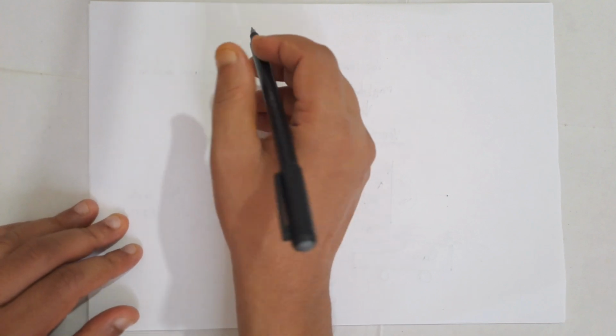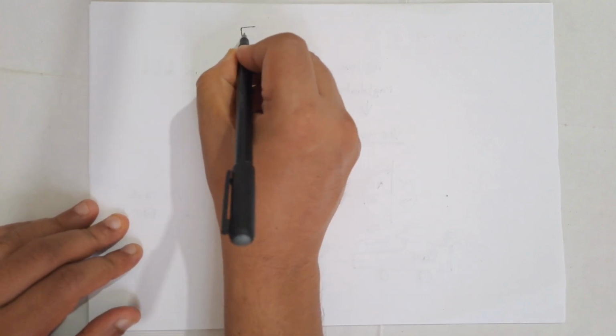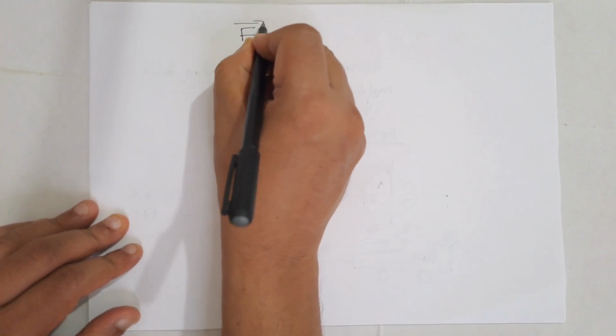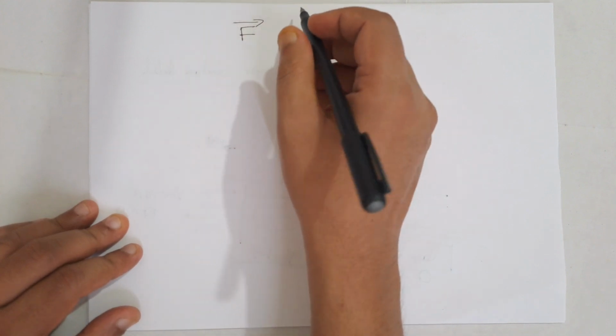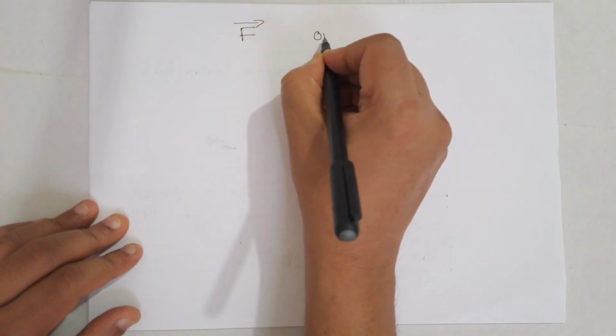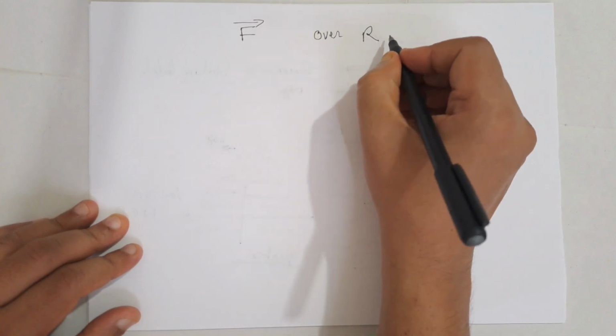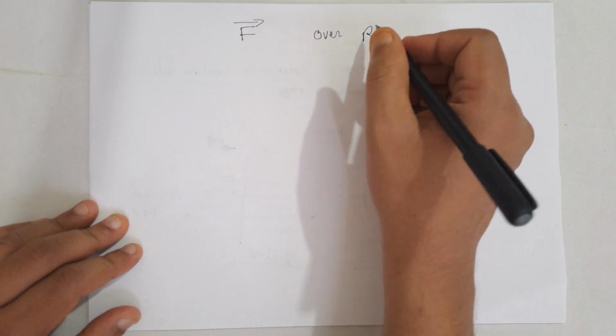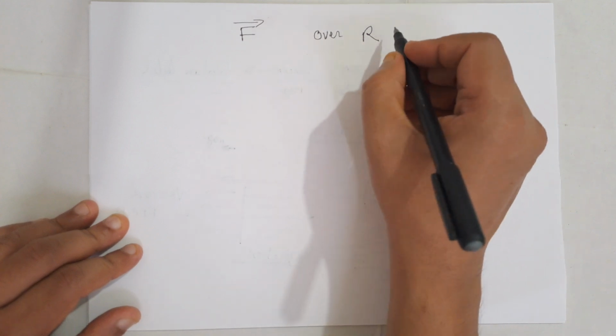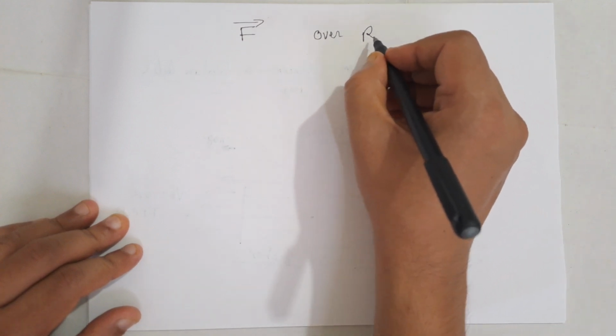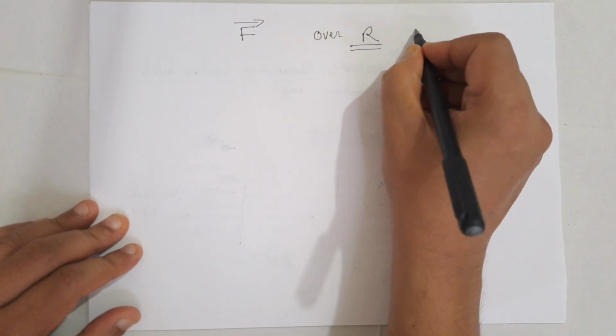A vector field can be represented by the function f over a certain region R in space.